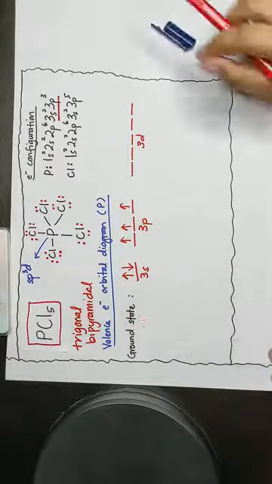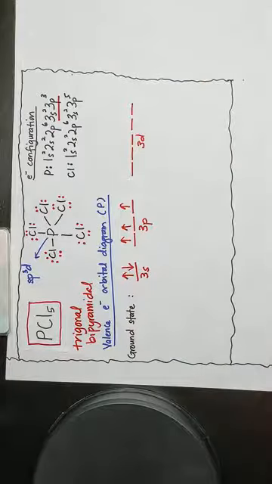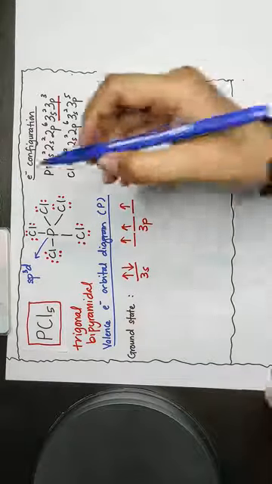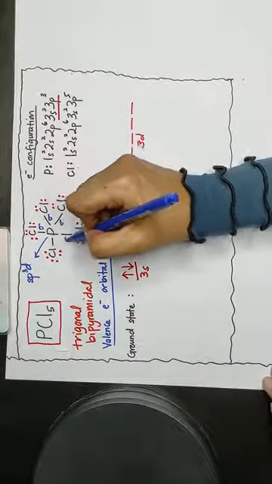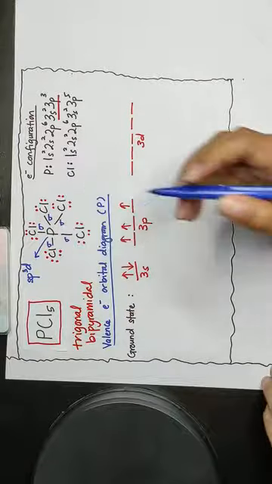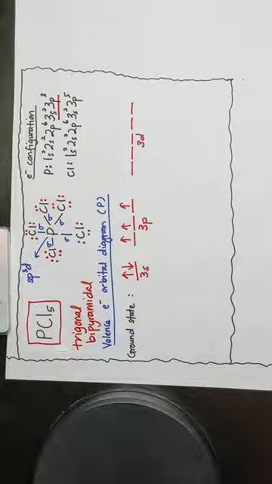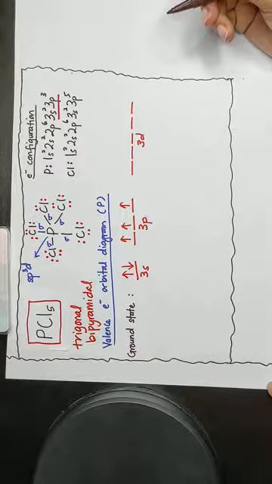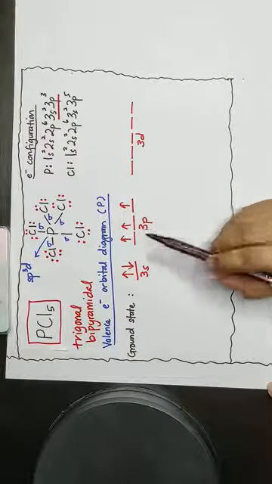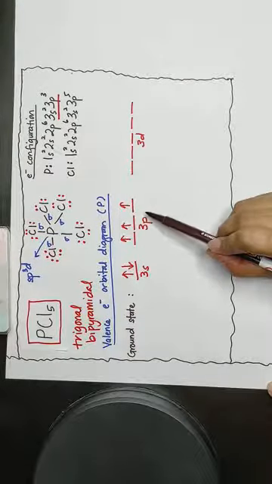From the Lewis structure, you can see there are 1, 2, 3, 4, 5 sigma bonds. To form 5 sigma bonds, phosphorus needs 5 unpaired electrons. But in the ground state, only 3 unpaired electrons are present.